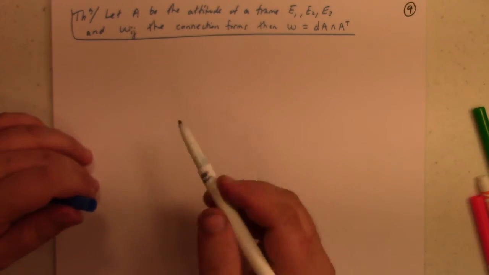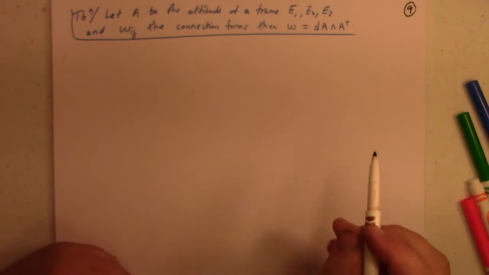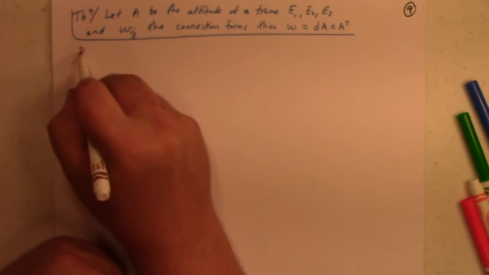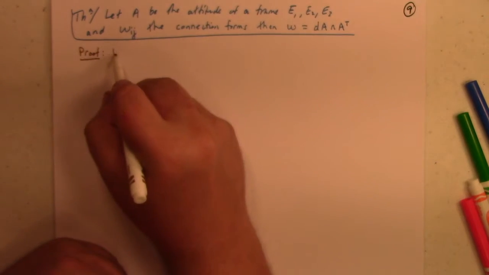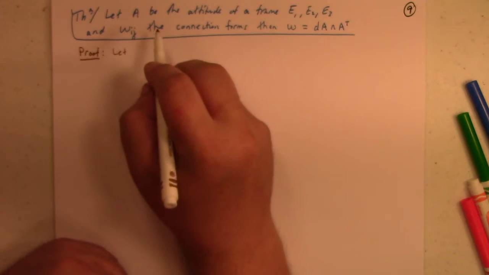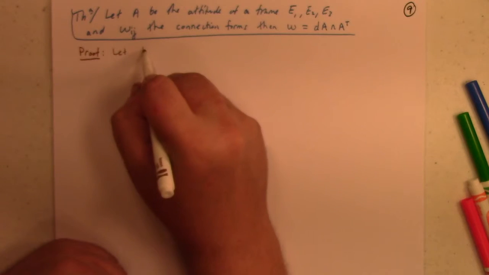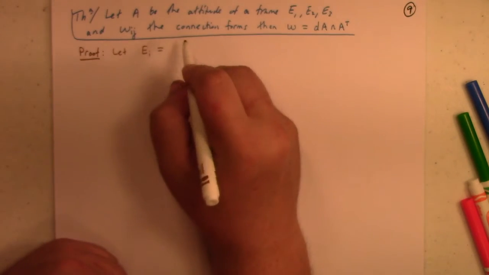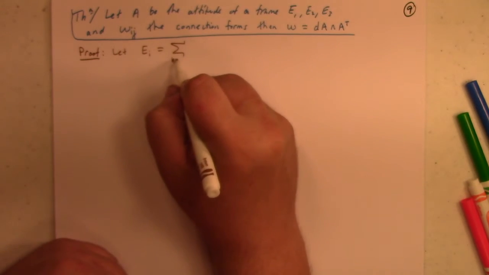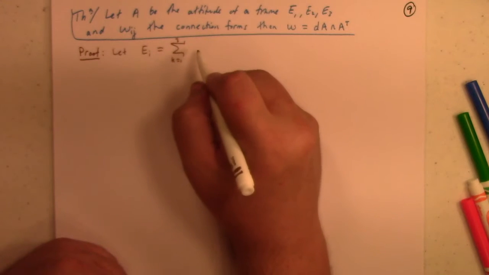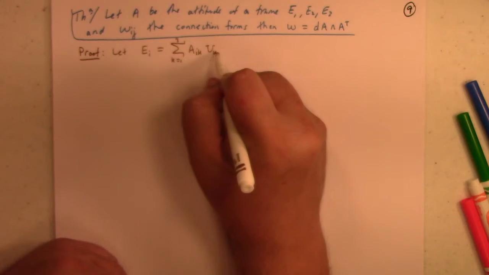All right, so let's go through the proof of this. There's nothing really dramatic in this proof, but it's easy to get lost in this one, in my experience. So let's just set the notation. E1, E2, E3 a frame, A ij defined as follows: Ei is equal to the sum, k equals 1 to 3, of A ik Uk.